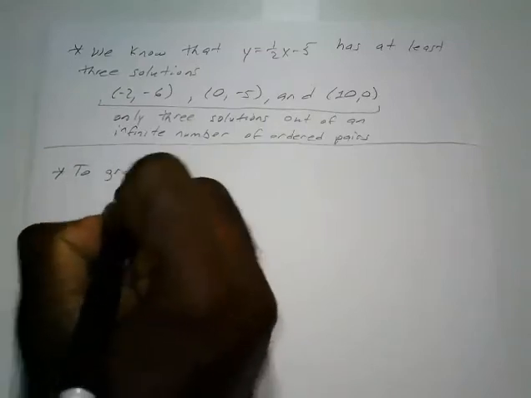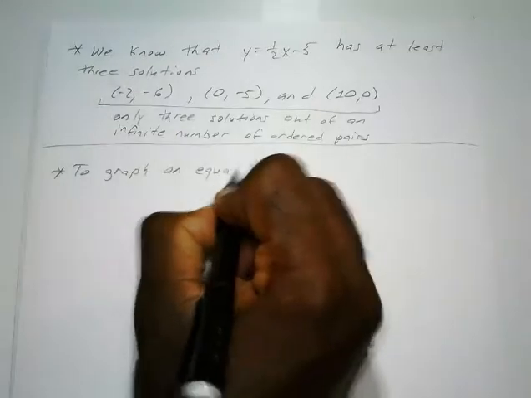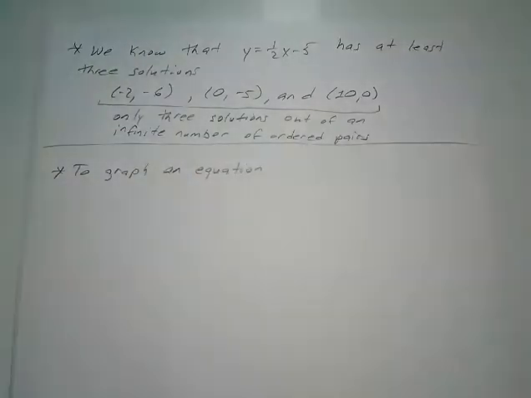So to graph an equation, you want to plot at least 2 points. But I always do 3 just for my own personal graphing needs. But if you want to do just 2 points and draw a line through those 2, you can do that.